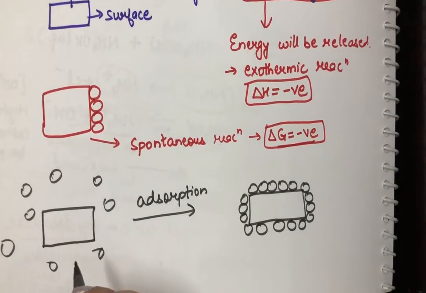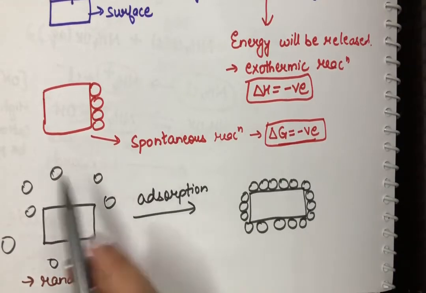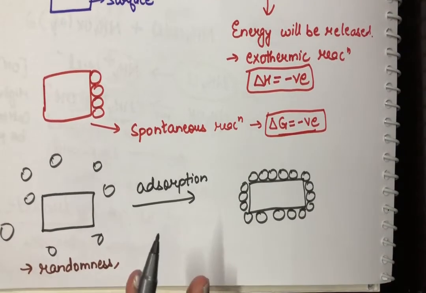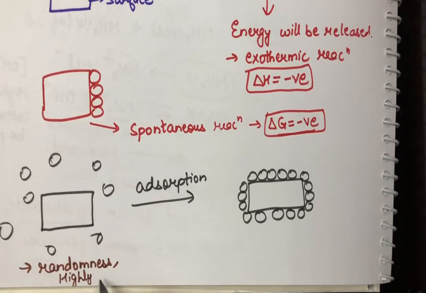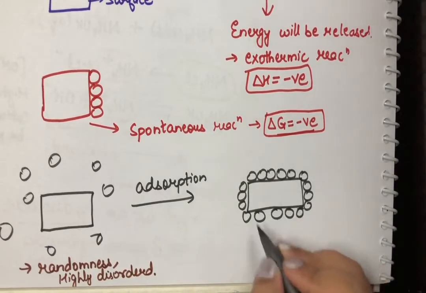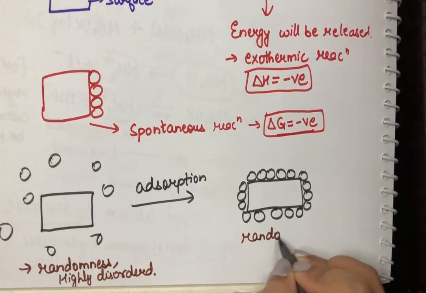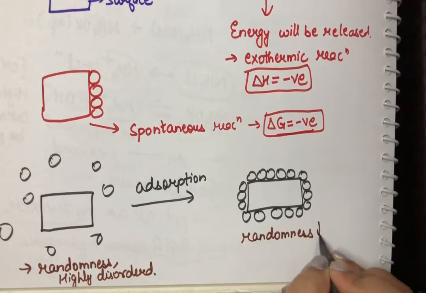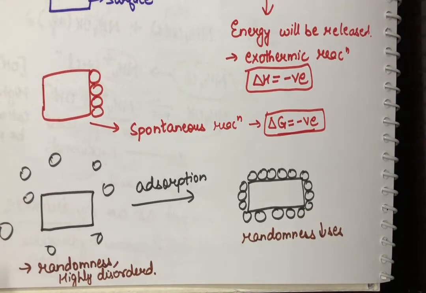But now if I talk about the randomness of the molecules here, the randomness or the disorderedness before the adsorption, what is it? It is highly random, or I can say it is in a highly disordered state, right? But when I'm talking about here, the randomness has decreased, because as they get accumulated on the surface, they are arranged in a proper manner.